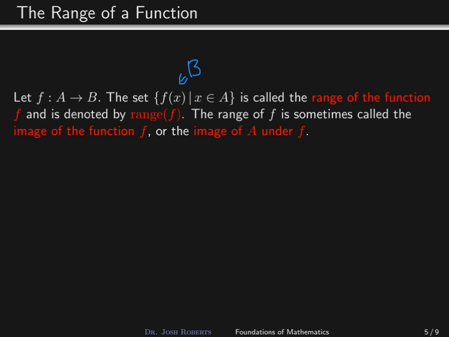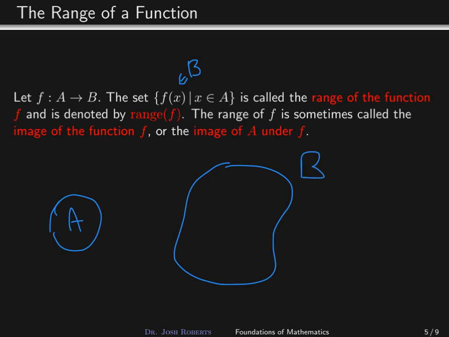Now, in just a second, I'm going to have some more exposition words pop up to explain something. But let me just draw some pictures that can maybe illustrate this. Suppose I have over here a set A, and I'm drawing this larger on purpose, a set B, and I have a function between the two of them, f. And f is a legitimate function. So every element of A gets mapped to a unique element, f of A, inside of my codomain. What is the range? The range is a subset of the codomain.